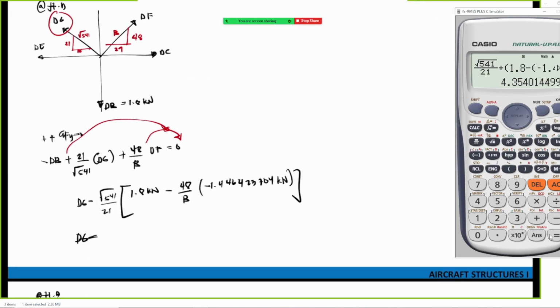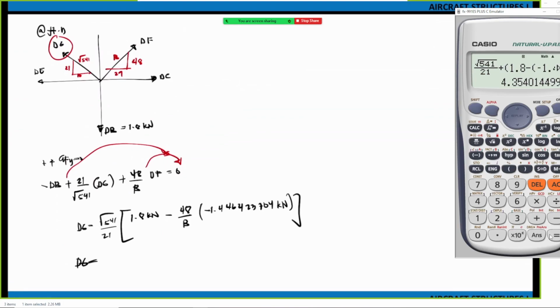Okay, that is 4.35401 4491 kilonewton tension.